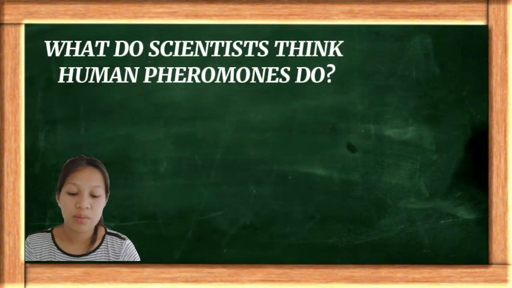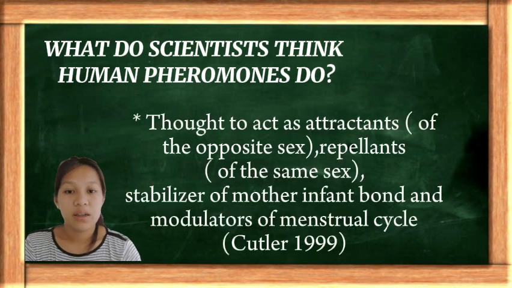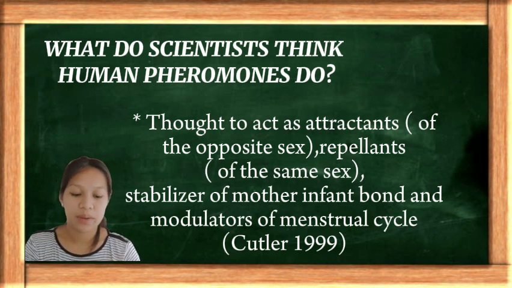So, what do scientists think human pheromones do? First, they are thought to act as attractants for the opposite sex, repellents for the same sex, stabilizers of the mother-infant bond, and modulators of the menstrual cycle, according to Cutler 1999.